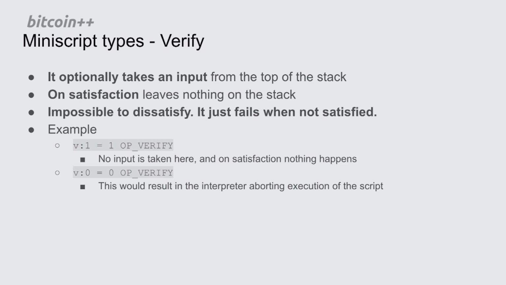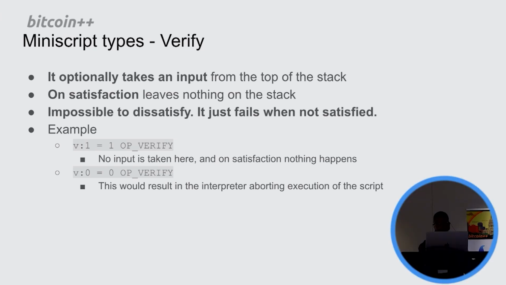There's an alt stack in the execution environment of script, and this puts something to the alt stack. It calls this check sig with the public key B, and then you get the value back from the alt stack. So pretty much the evaluation of that check sig goes below what was put on the alt stack at the beginning. So again, it outputted something one below the top of the execution stack.